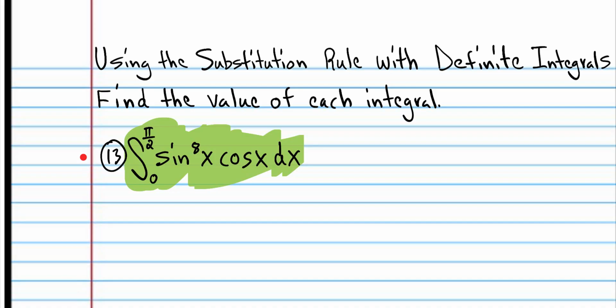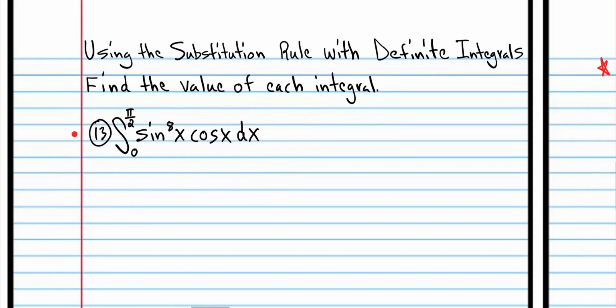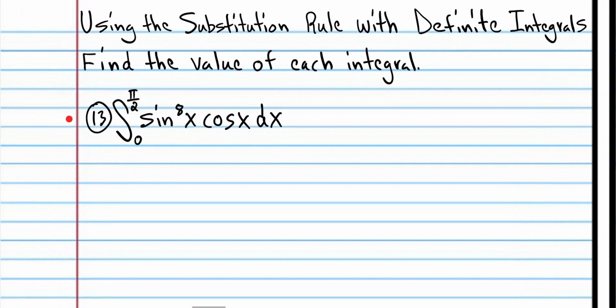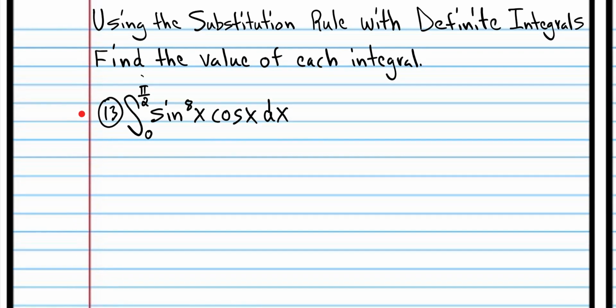It's not a family of functions. So now we're actually looking for a number, and we're just going to do the same thing we did before. We're going to use substitution to find the value of this definite integral. So we're going to find the antiderivative, but then we're going to use the fundamental theorem of calculus to find the value of the integral.